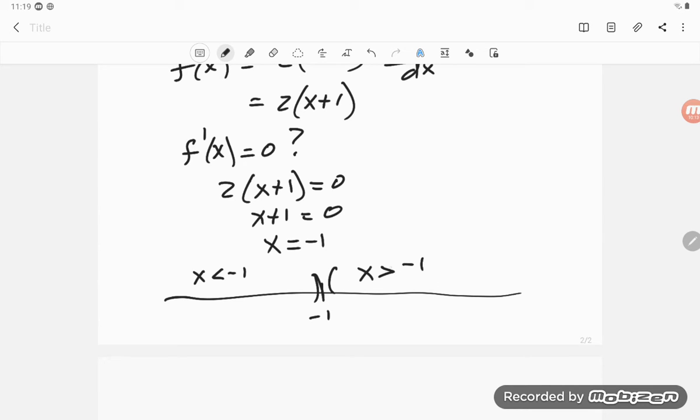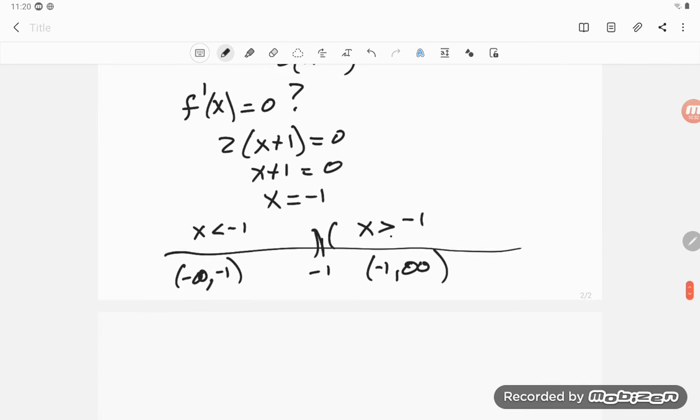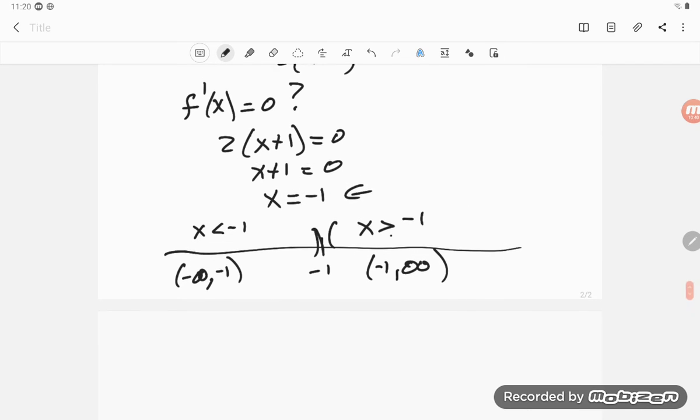In interval notation, I'm looking at -infinity to -1, that open interval, and here I'm looking from -1 to positive infinity. Okay, so I know that f prime of x doesn't change anywhere except at x equal -1.